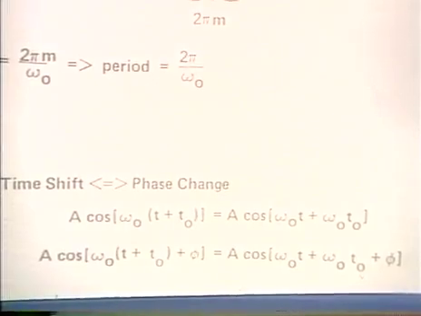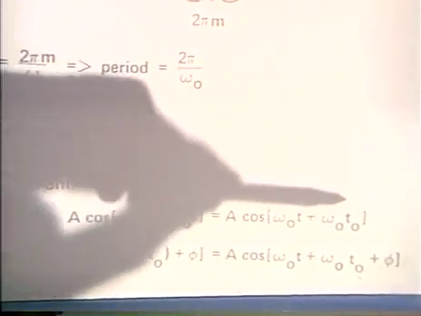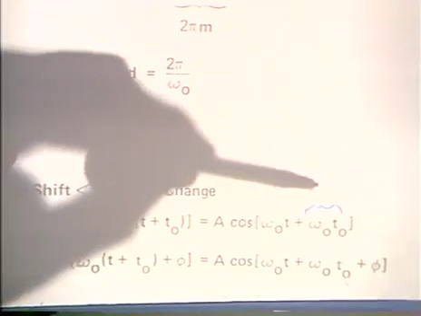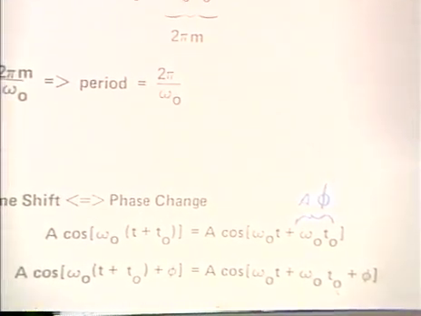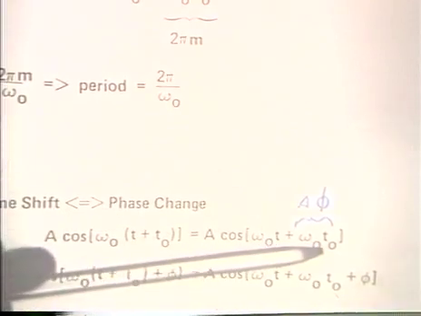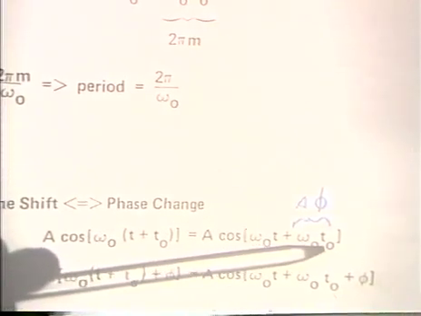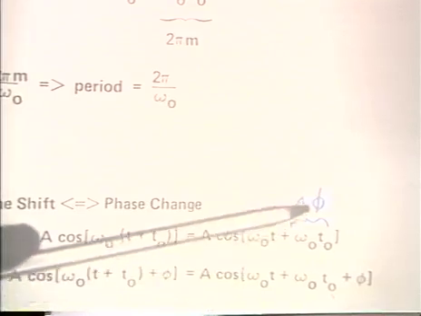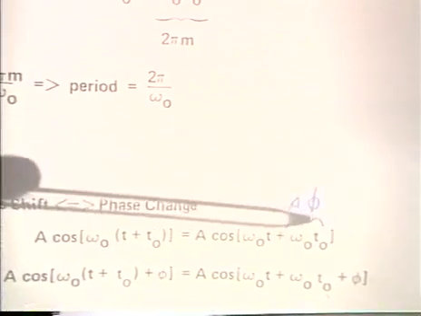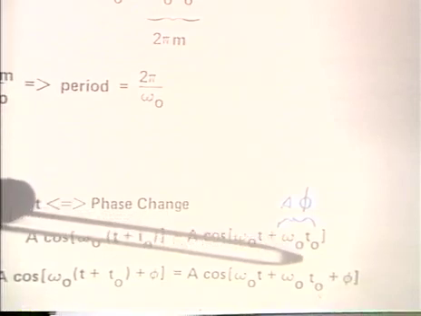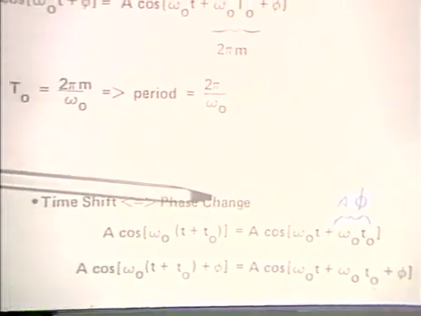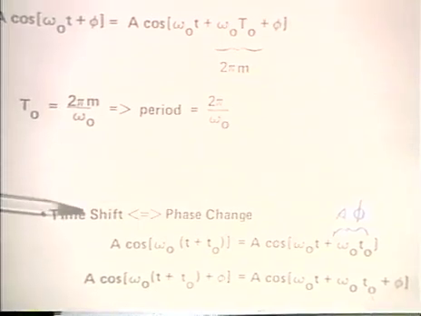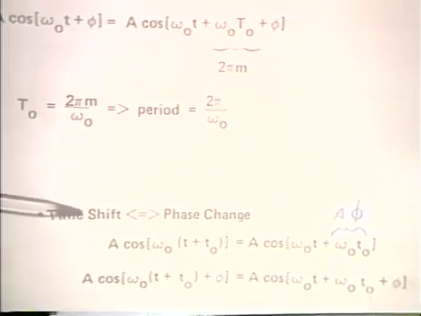Said another way, if we take omega 0 t0 and think of that as our change in phase, for any change in phase, we can solve this equation for a time shift, or conversely, for any value of time shift that represents an appropriate phase. So a time shift corresponds to a phase change, and a phase change likewise corresponds to a time shift.